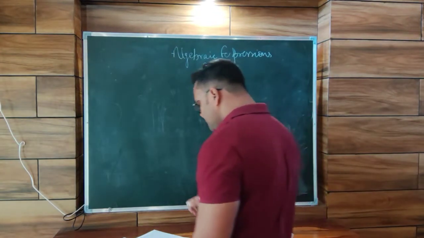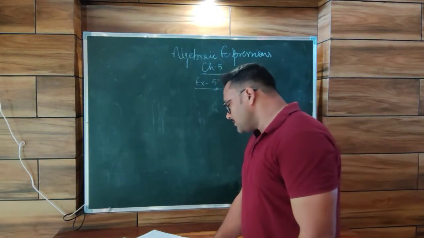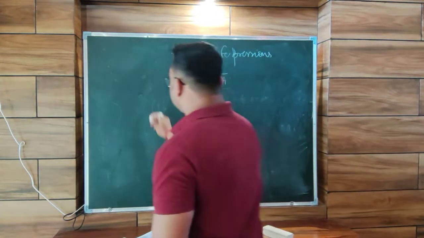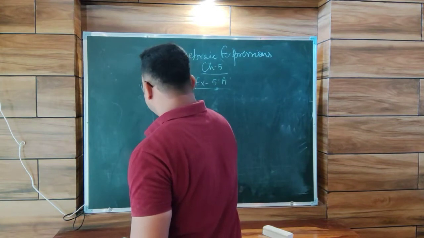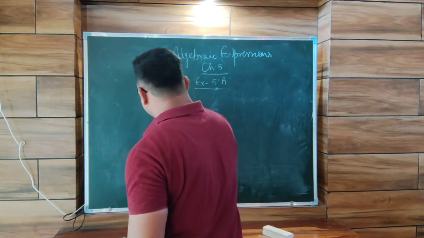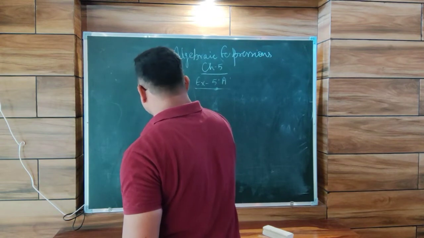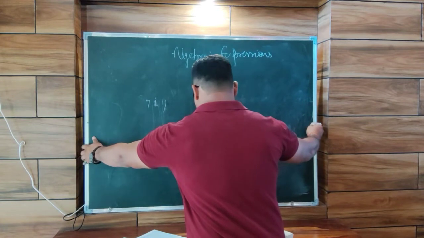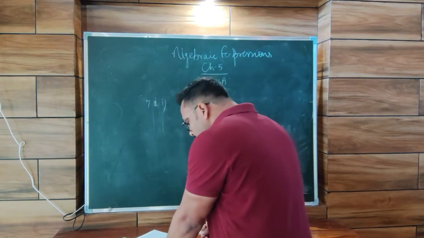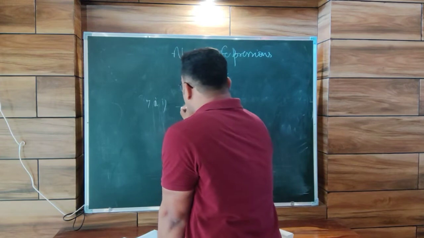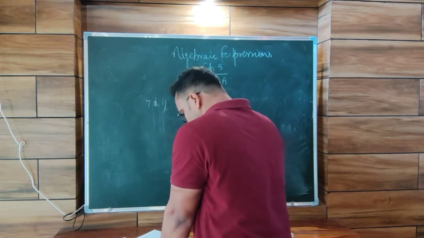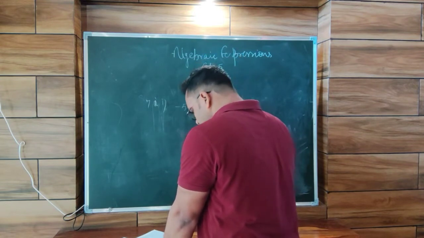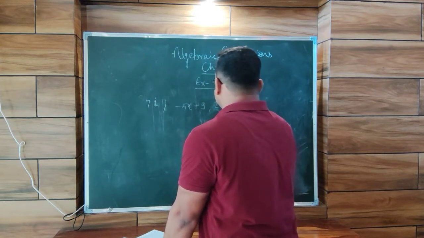Question number 7. The sum of the given polynomials and the difference of the given polynomials. Question number 7A. First one: minus 5x plus 9 and 2x plus 3.